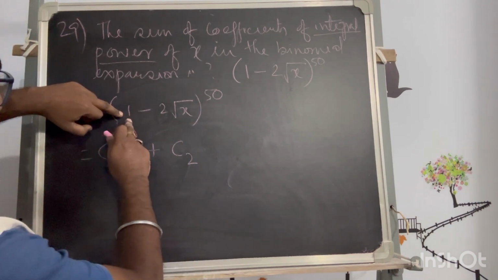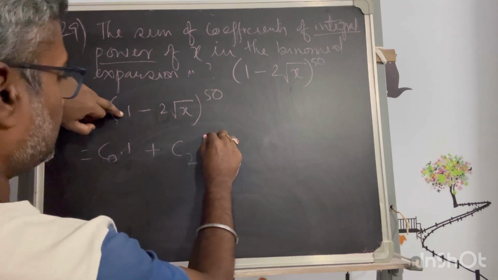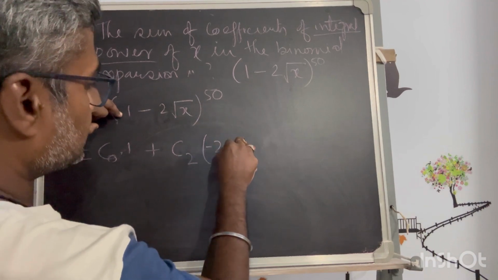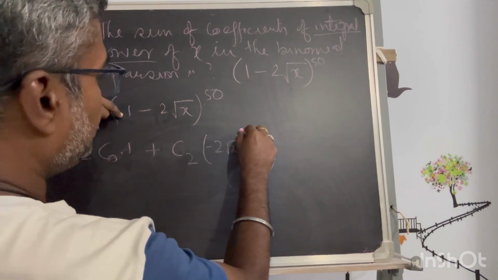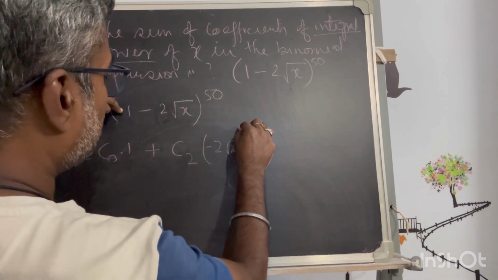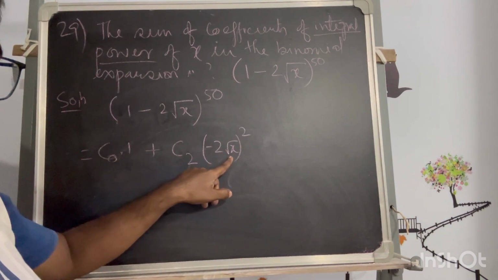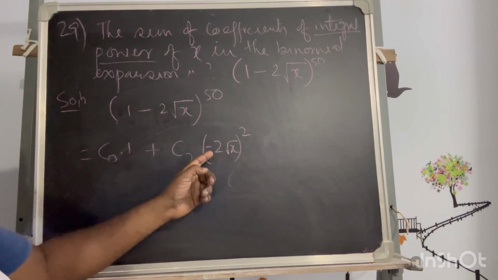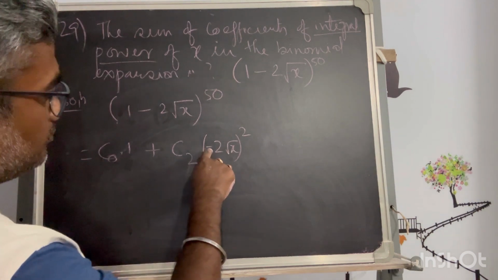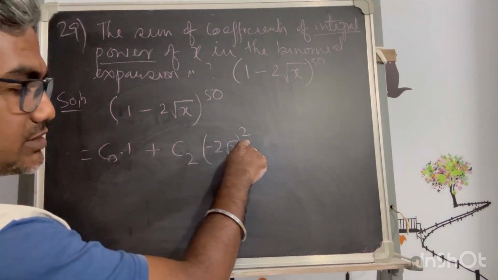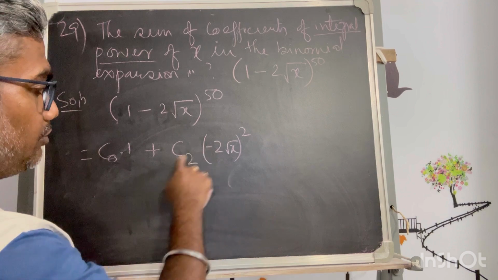As the first term is 1, I am not looking after this. Only thing is the power of this will be, I will get 2 here, that will free it from the power, and at the same time minus, as it is even power, will be eliminated.